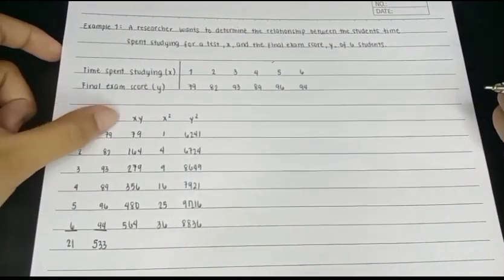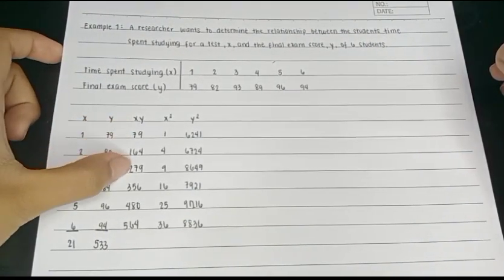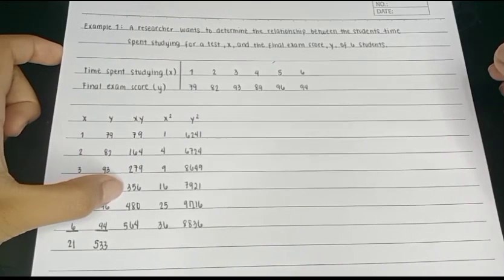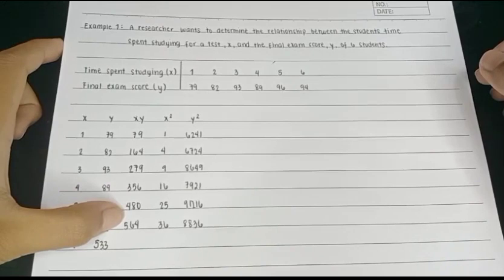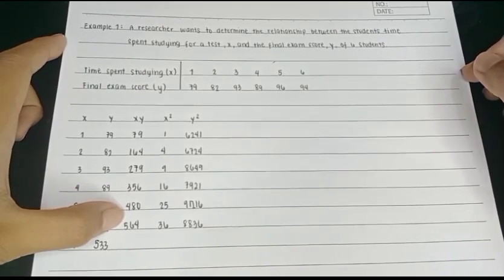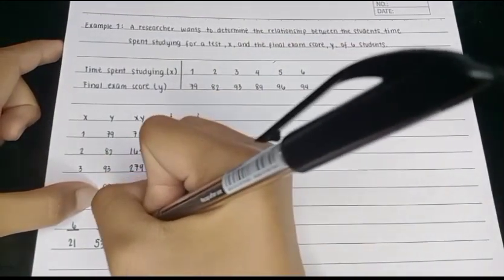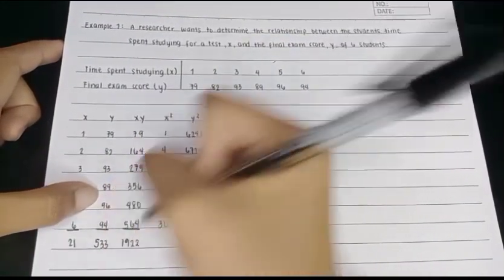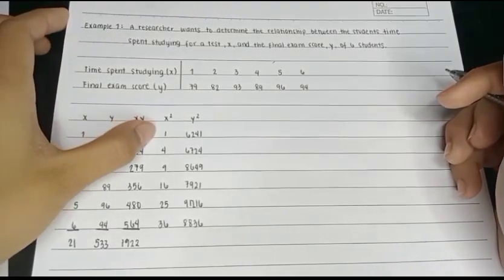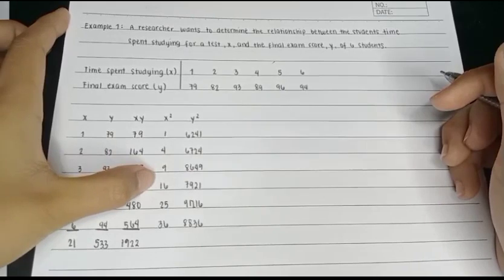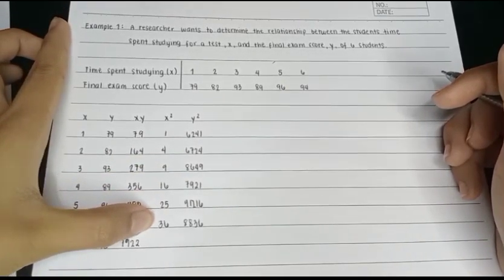Next is the xy. 79 plus 164 plus 279 plus 356 plus 480 plus 564. The total is 1,922. Next is the x squared. 1 plus 4 plus 9 plus 16 plus 25 plus 36 is equal to 91.